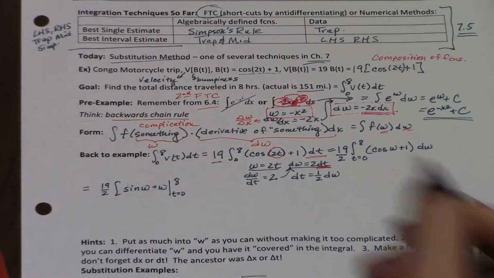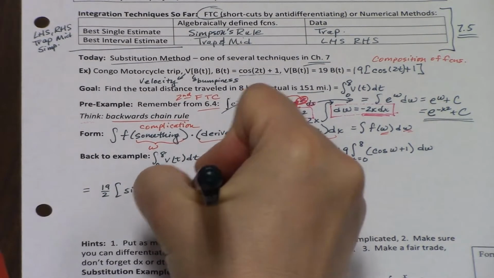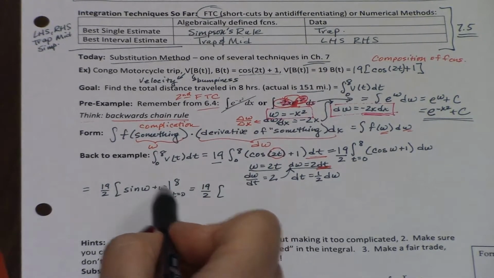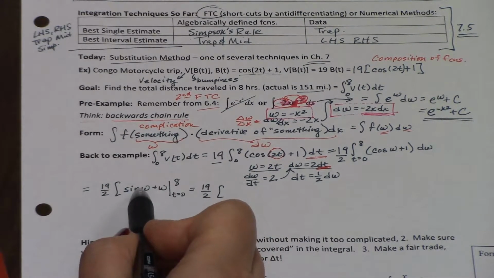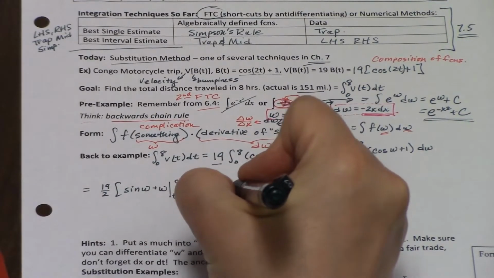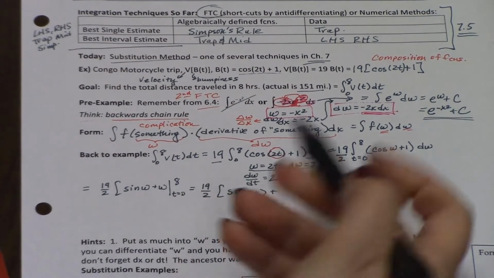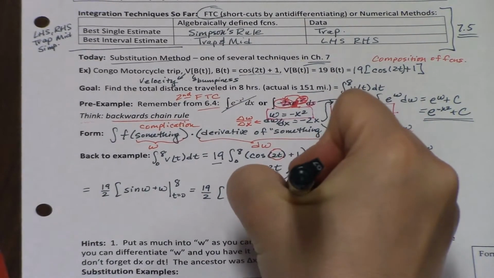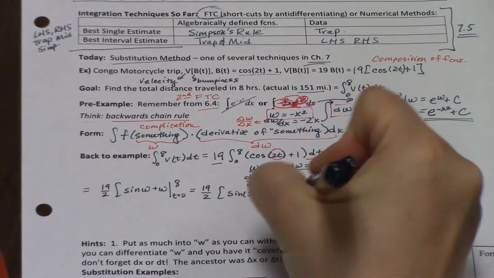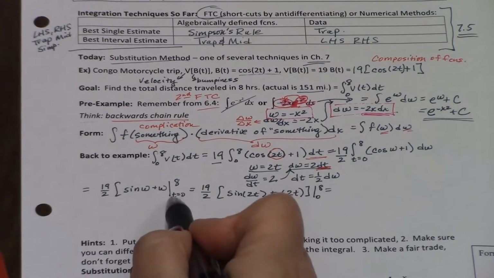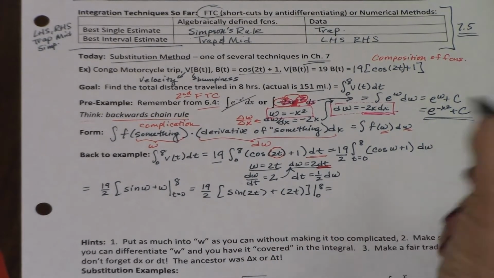Okay. So then I'll have 19/2, and now remember these limits were in terms of t, so I need to change w back to t. So I'll have sine of 2t plus, and in place of w, I'll also have 2t. And that whole thing I need to go from 0 to 8. And now I can drop my t is equal to 0 because now I have the same variable.